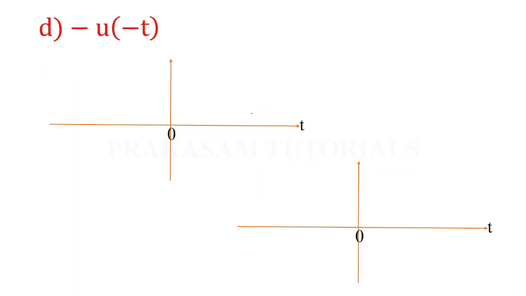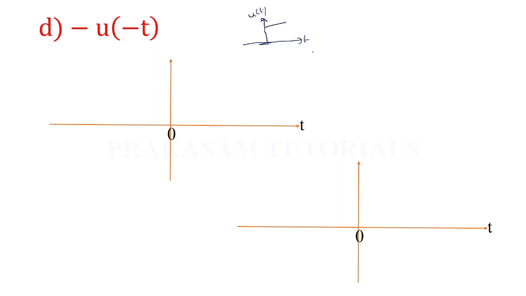Next one is minus u of minus t. This is the graphical representation of the unit step signal u of t and u of minus t. U of minus t means folding this signal about the vertical axis.